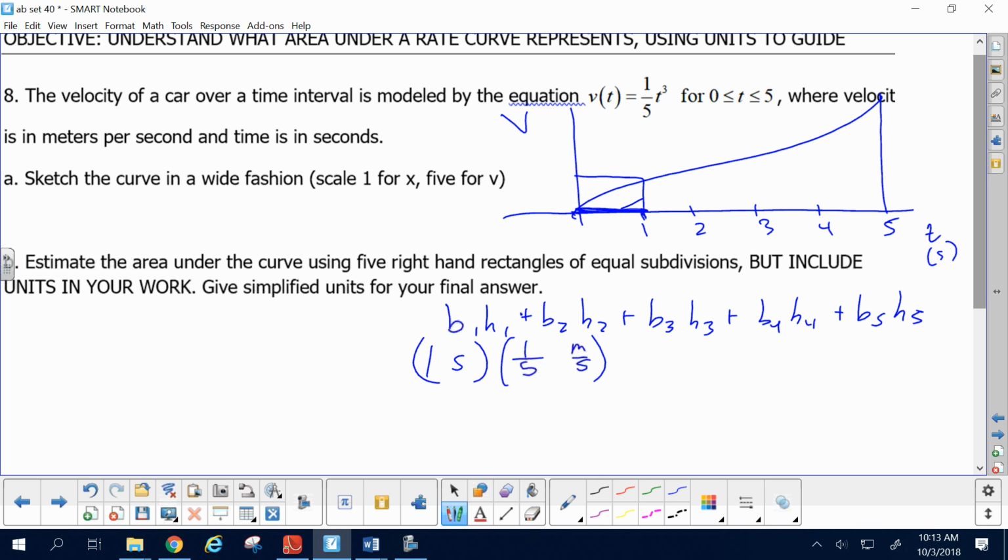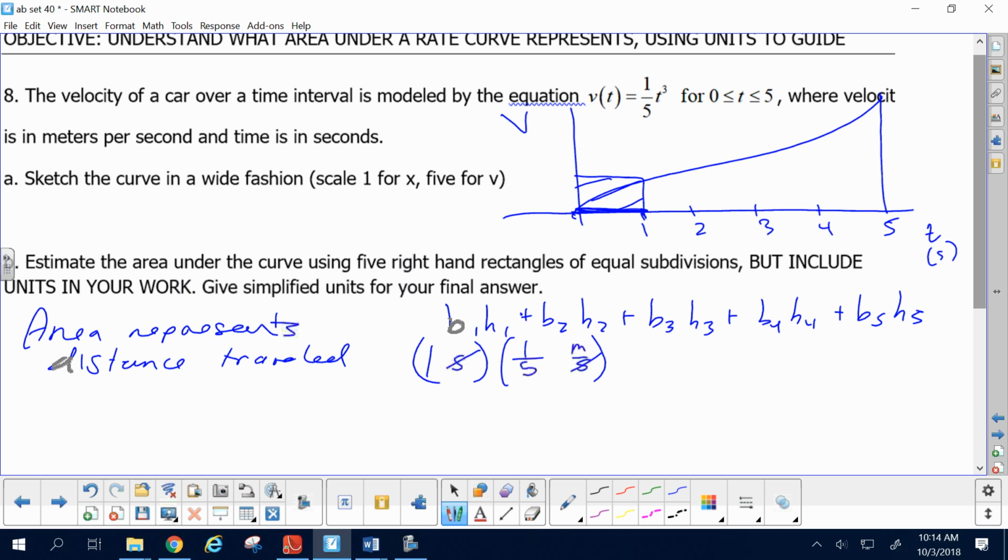All right, now this is the point of all this rectangle stuff. That area is not just some generic rectangle area. Who gives a rip? When I multiply and find that area, it represents how many meters this person went in 1 second. That area represents distance or displacement, distance traveled on each little subinterval.